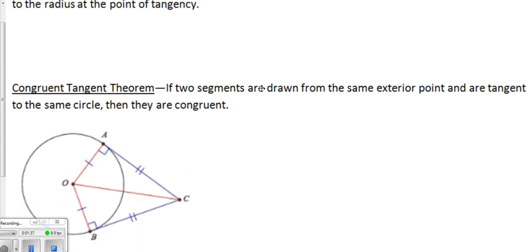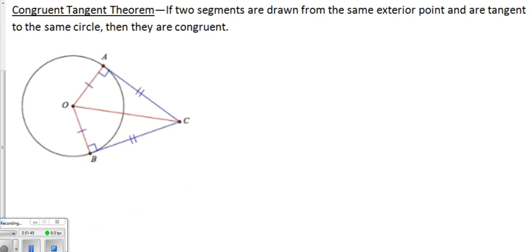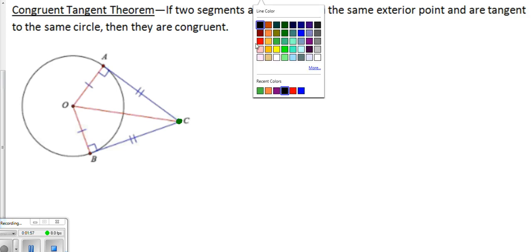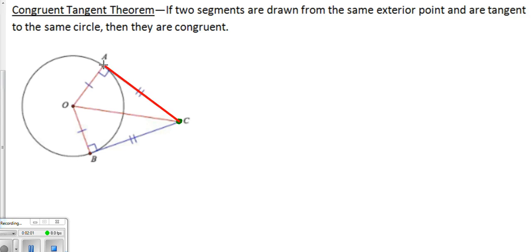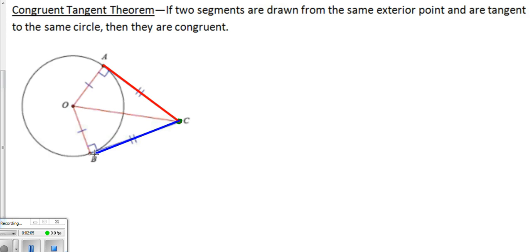Okay, the other theorem to work from is the congruent tangent theorem. If two segments are drawn from the same exterior point and are tangent to the same circle, then they are congruent. So again, if we have this point right here, we're going to call it C, and I'm going to do one in red. We make one tangent line right here, and then we make another tangent line right here.